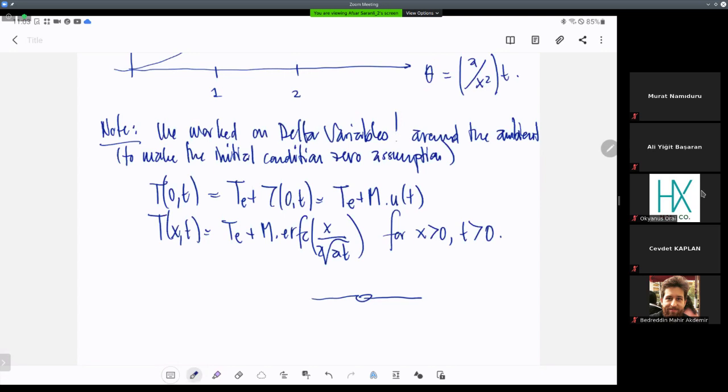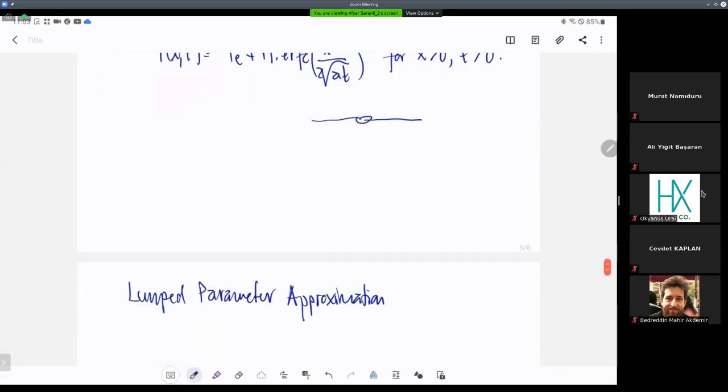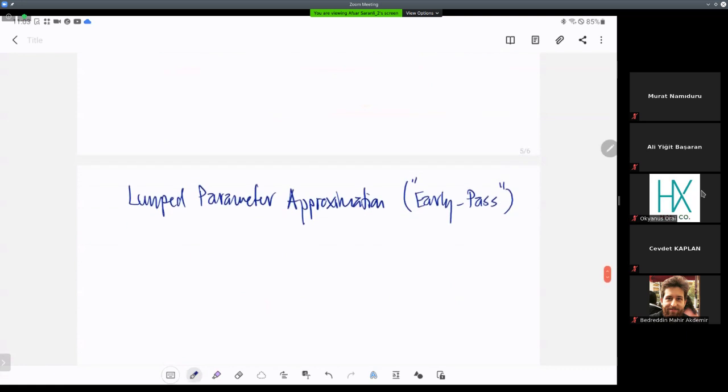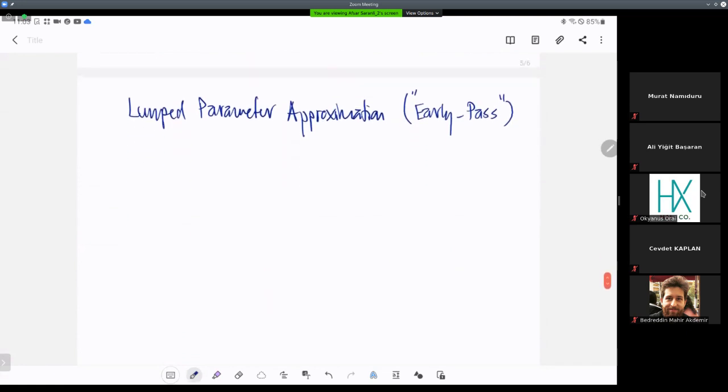But we at least have a time solution for what the response is like. So the lumped parameter approximation is the early pass approach, which as we will see will result in a higher order ordinary differential equation.